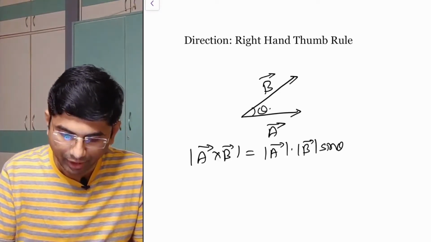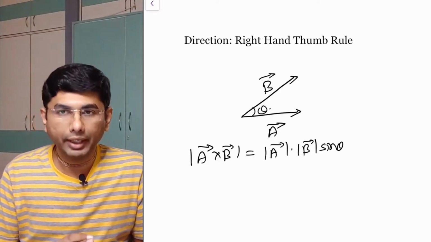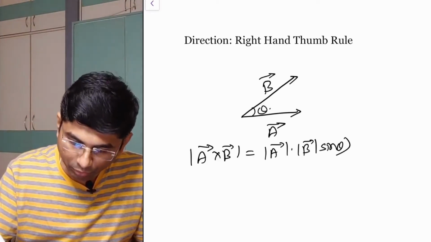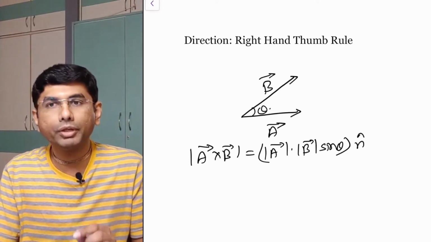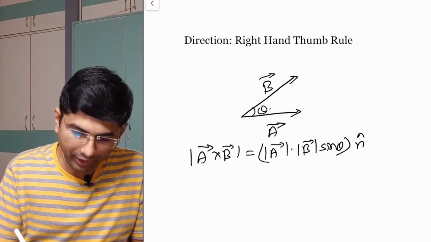And because it's a vector quantity, I have to multiply this whole thing with another unit vector, n cap. Now n cap is a unit vector which is along a vector cross b vector.